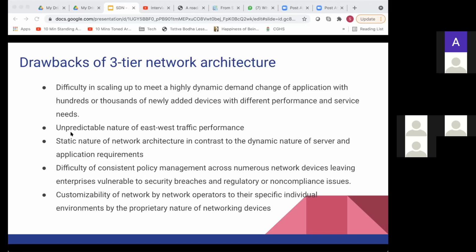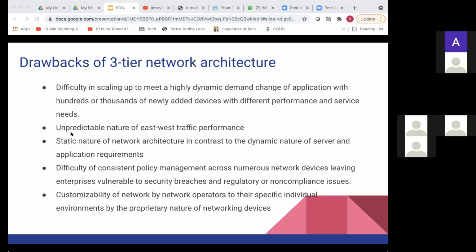If you add tens of devices to handle an application with high performance needs, you have to change the network topology. You have to rewire the connections to the aggregation switch, figure out how it connects back to the core switches, and make sure the north-south traffic flow is maintained. There is a lot of work for a network administrator when an application's needs increase and new devices need to be added.